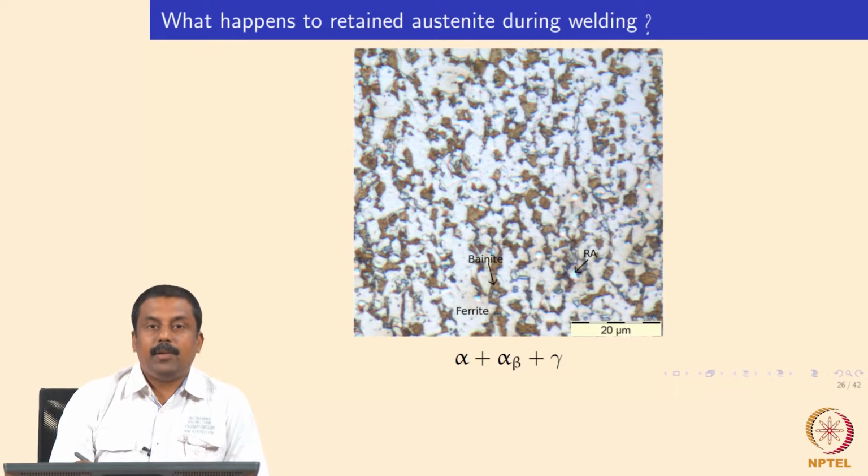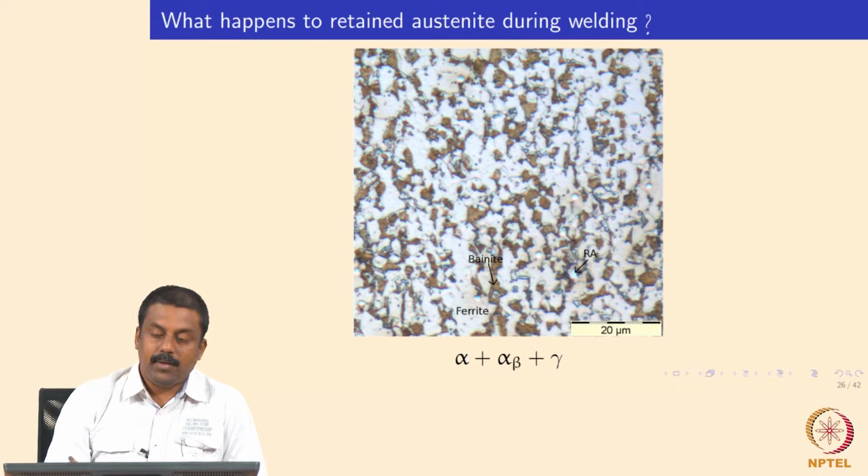But then you would also have regions in the heat affected zone where the peak temperature reached is less than the austenite formation temperature. So, you would expect the austenite would also change its morphology, or it may even be destroyed completely during heating.